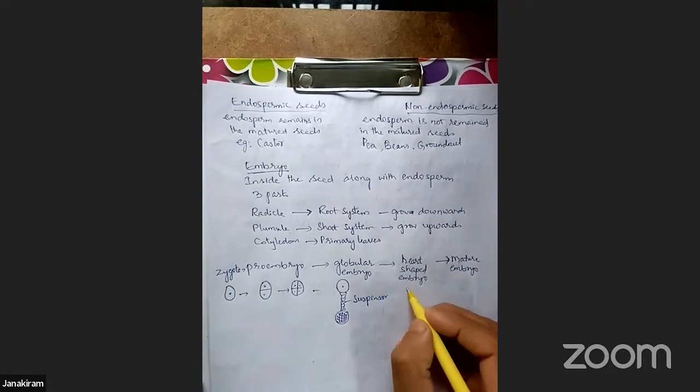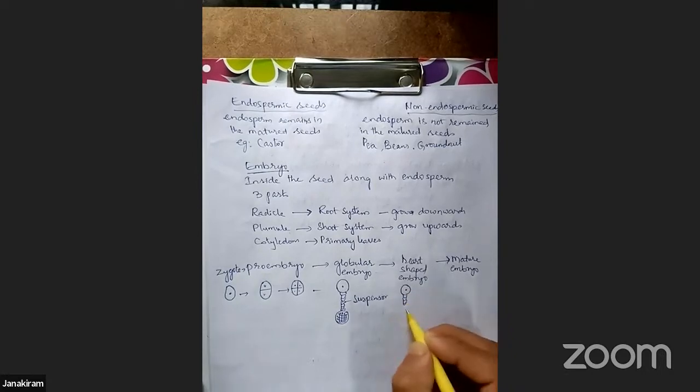And later, gradually, along with the suspensor, the lower globular part will be converted into a heart-shaped structure, like this. Heart-shaped structure. So this is a suspensor.